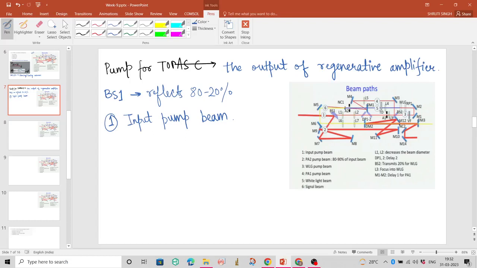So 80% or 90% goes in this direction, is reflected, and only 10 or 20% is allowed to transmit. Here I have written 20, it's 90. Only 10% or 20% is transmitted. So BS1 reflects 80 to 90%, and the remaining 10% or 20% light is collected by these two relay lenses, L1 and L2.